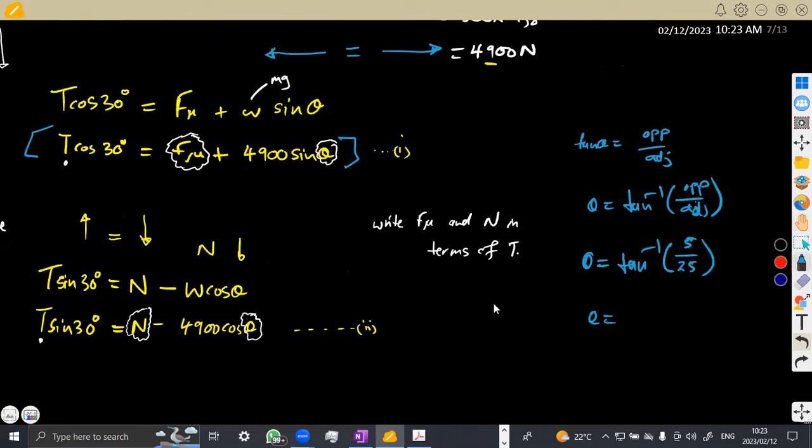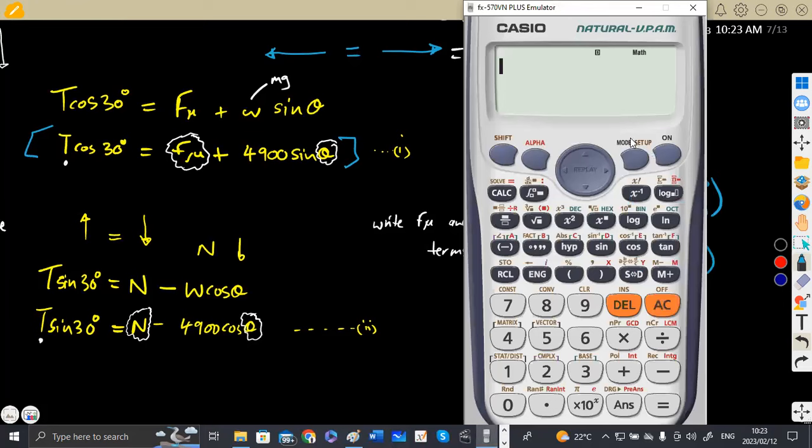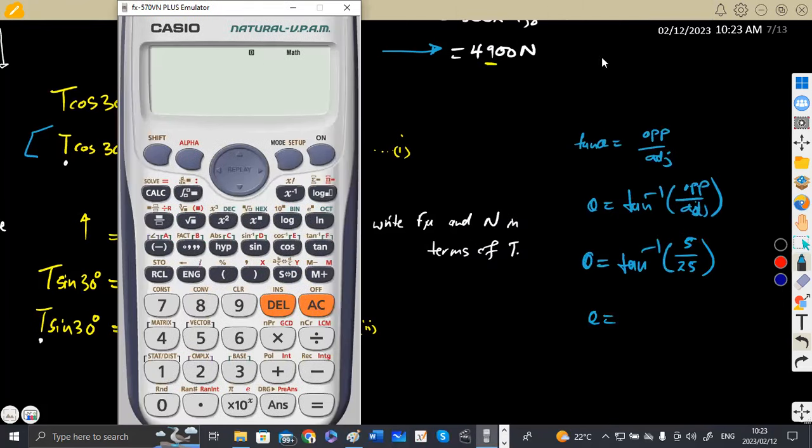Then our theta is going to be something like 11. Okay, let me just show you the screen. We are referring to arctan.